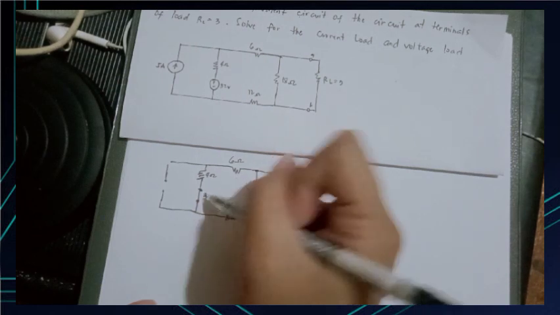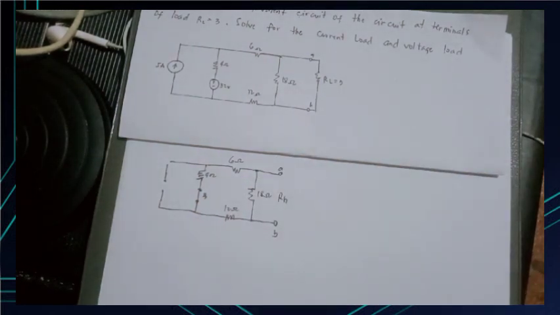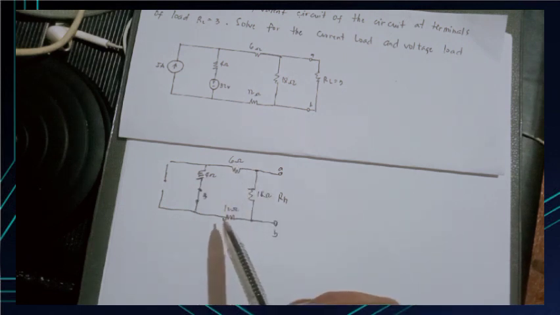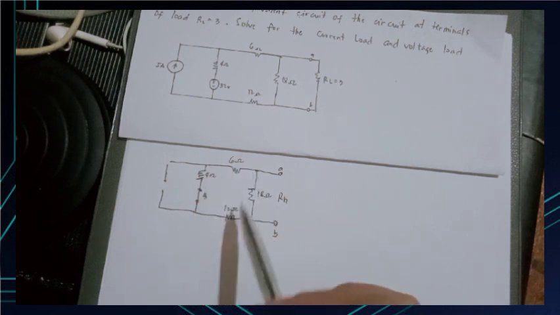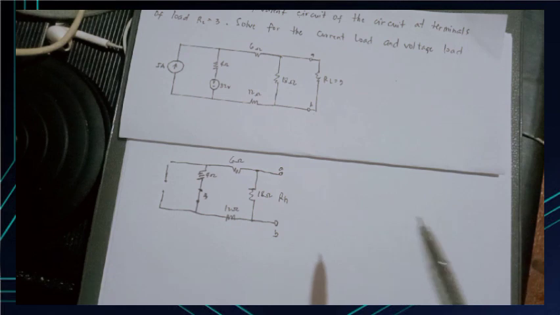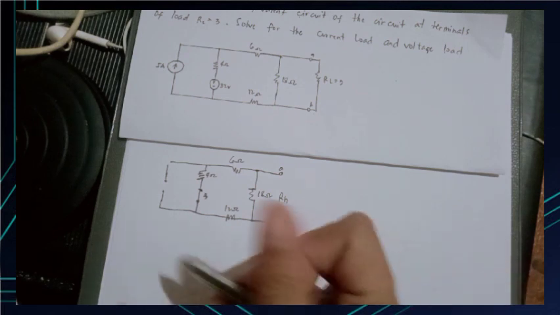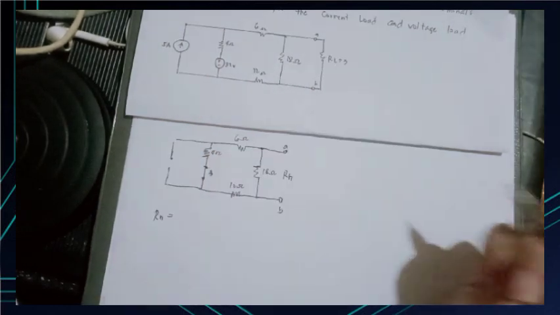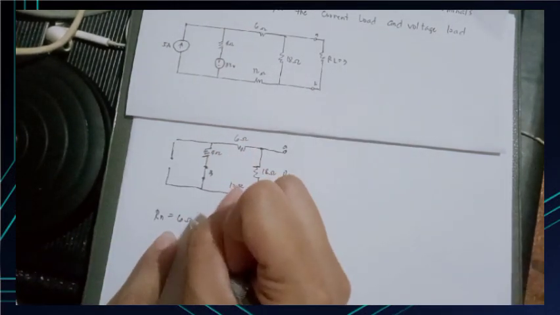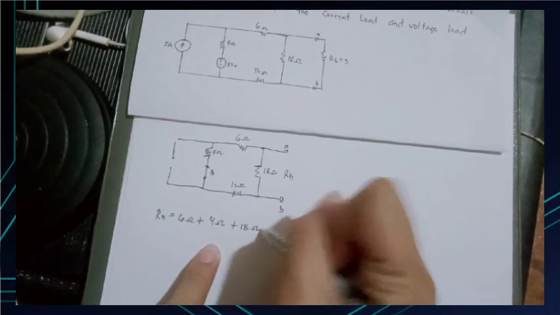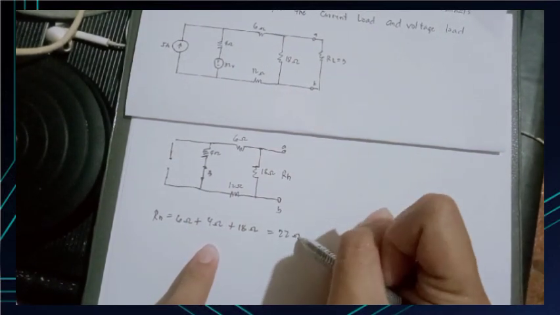Mapapansin nyo, ang 6 ohms, 4 ohms, at 12 ohms ay in series siya na nakaparallel sa 18 ohms. So, ang magiging sagot natin dyan is RN is equals to 6 ohms plus 4 ohms plus 12 ohms is equals to 22 ohms.